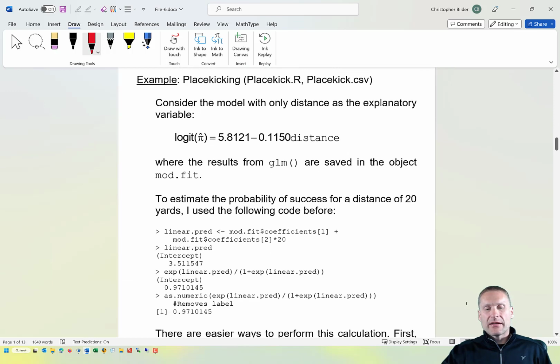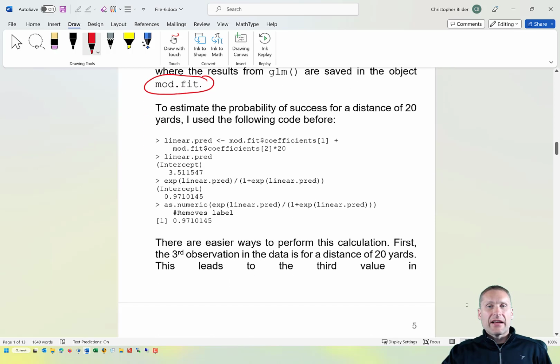Okay, so let's take a look at an example. We're going to go back to the place-kicking data set again. For right now, we're going to focus on a model that only has distance in it. The results from this model fit are stored into an object called mod.fit, as we've seen before. Previously, we've seen how to find the estimated probability of success from this model. What I could do is go into mod.fit, take out coefficients, which gives me my beta hats. If I look at the first element, I get beta hat 0. The second element's beta hat 1.